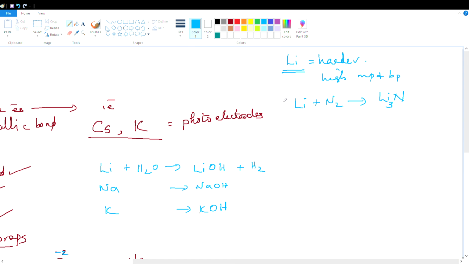In addition to these anomalous properties, lithium shows similarity with magnesium. The similarities between lithium and magnesium are due to their similar ionic radii. Both lithium and magnesium are hard. They are harder and lighter than other members of the group. Both lithium and magnesium form mainly covalent compounds.